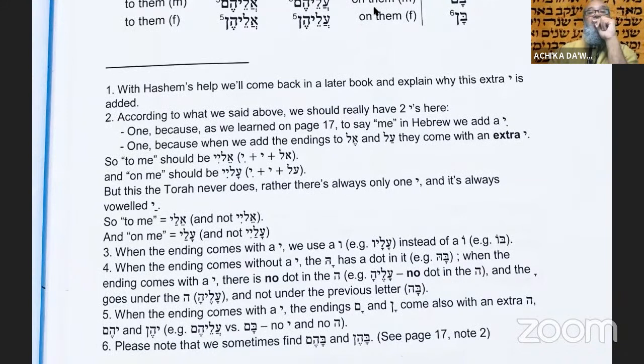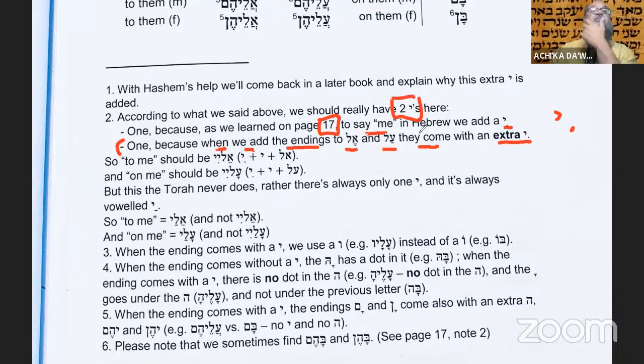One, because we learned on page number 17 that to say "me" in Hebrew, we add this. That's the little list and chart that we have, okay? And it says 1, because when we add the endings to the el and the al, they come with an extra yod, okay? So this is why they're saying there should be 2.